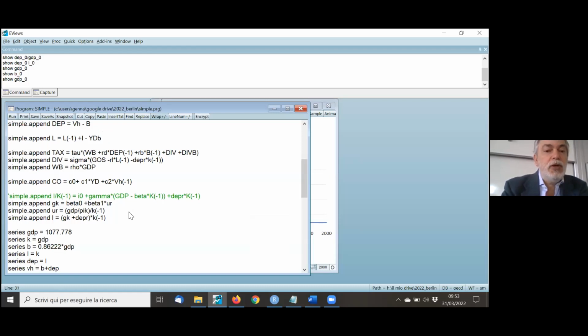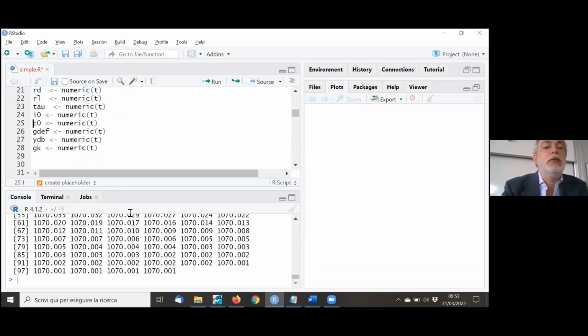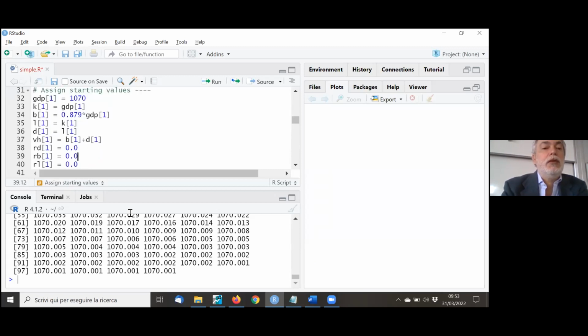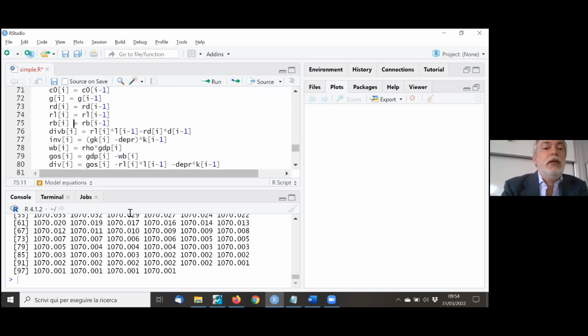Then we have this UR. So again, we need to create a variable, provide a starting value, and add the equation.